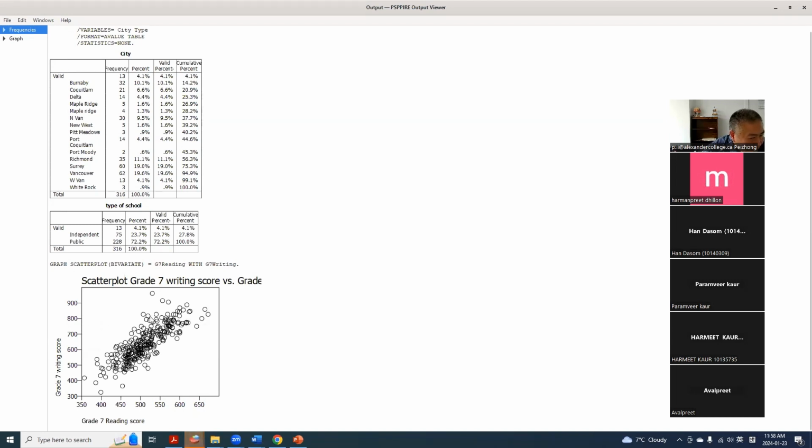A high writing score. Those schools that have a low reading score also have a low writing score. And if you eyeball the pattern, it's linear. It follows a straight line. So we see there's a linear correlation between the 2 variables, reading and writing.